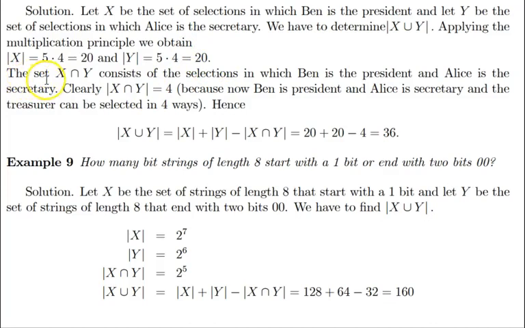The intersection of x and y consists of the selections in which Ben is the president and Alice is the secretary.